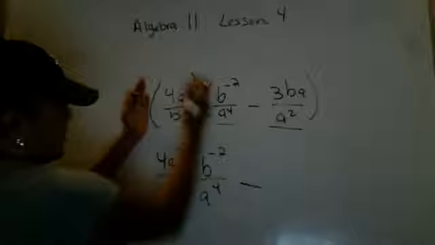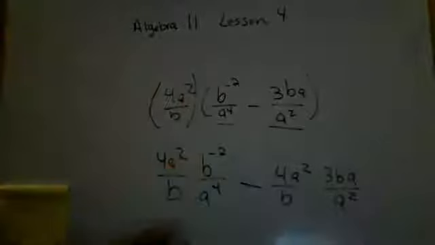There are several approaches you can use to simplify this. Now you have two terms that you can simplify. We've got the product rule and the negative exponent rule. We can do it in several different ways.